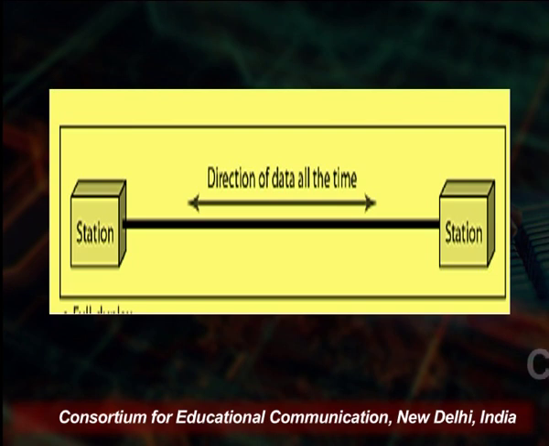Half duplex says the data will travel in both directions, but not at the same time, and full duplex says the data will travel in both directions, and there can be simultaneous communication also. So, these are the three modes of data communication: simplex, half duplex, and full duplex.